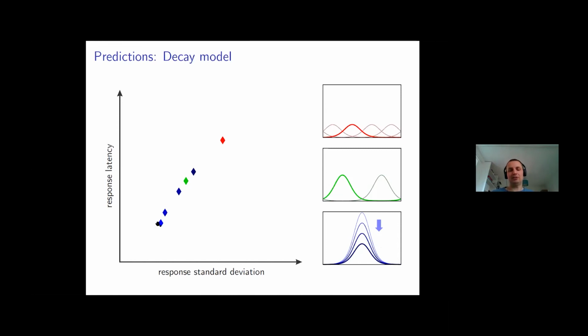So likewise, these combinations of response latency and response standard deviation should simply move towards that set size 2 point, and maybe reach it and go beyond it, or maybe remain somewhere before that, based on how far the activity would decrease over time. And the same thing happens, of course, at the other set sizes.